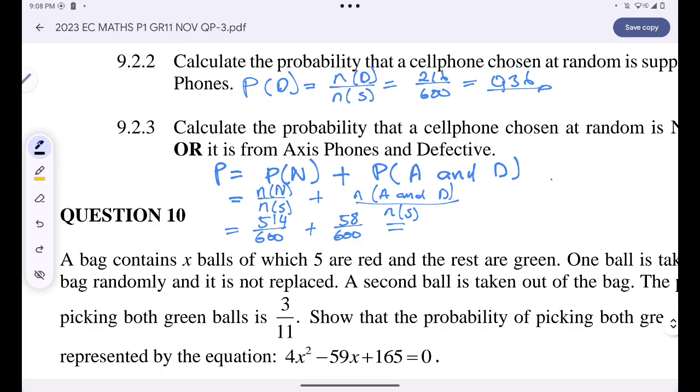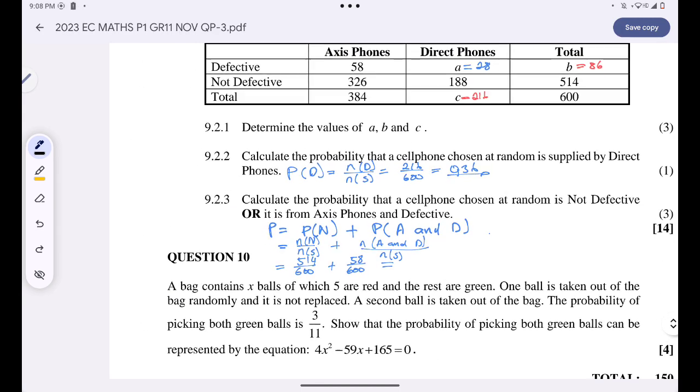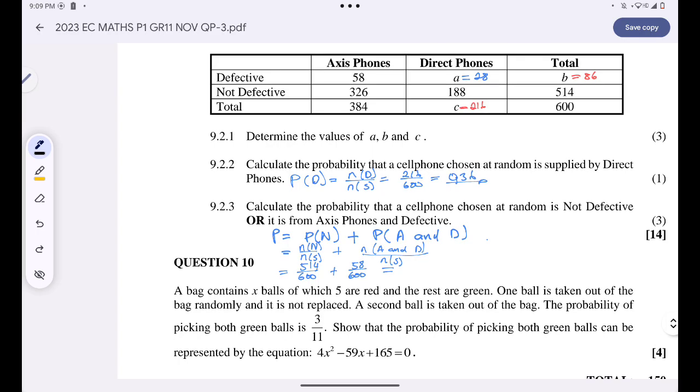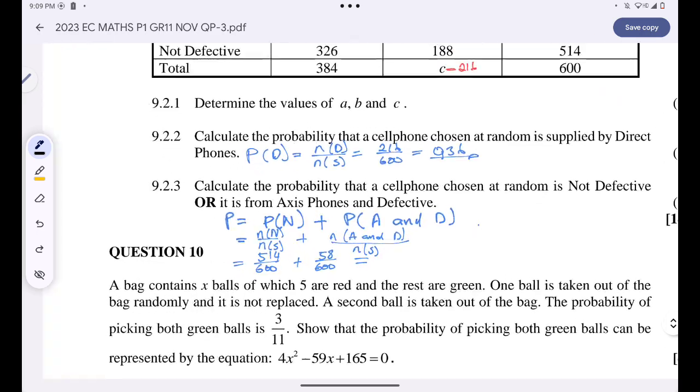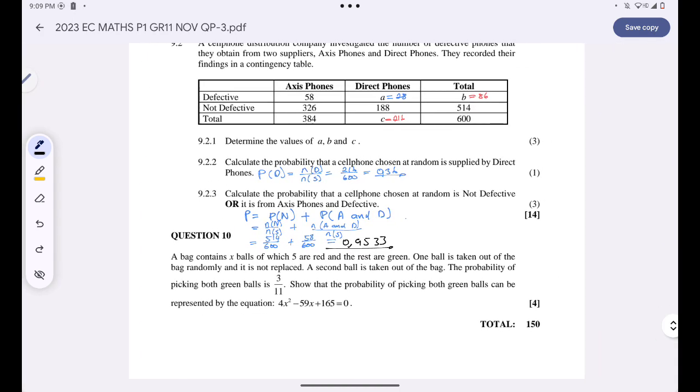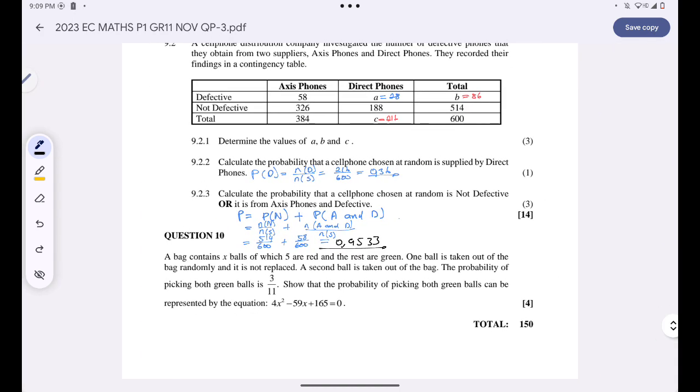That's 514 plus 58 over 600. This will give me 0.9533 as my probability. Yeah, that's how, guys, we could have tackled question number 9.